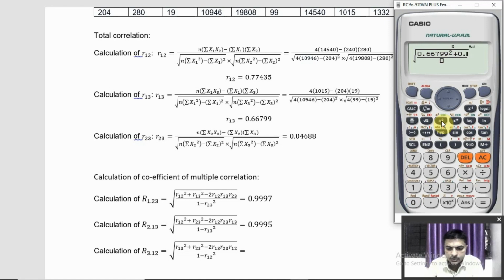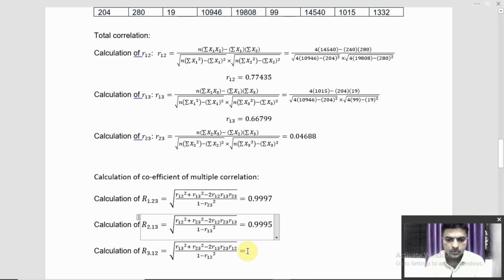R23 is 0.04688 square, then minus 2 into R13, 0.66799, into R23, 0.04688, into R12, 0.77435, divided by 1 minus R12 square, 0.77435 square. Now if you simplify this one, it's equal to 0.9994. Yes, this is the correlation coefficient, students.